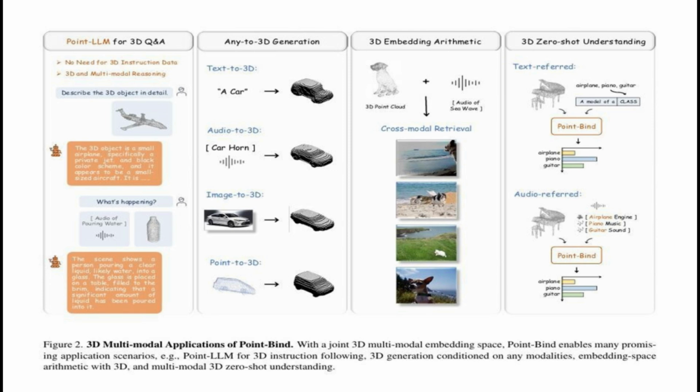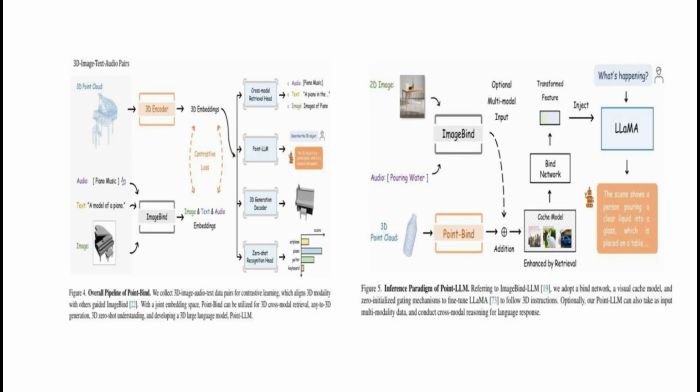Building on this, Point-LLM brings language-driven reasoning to 3D by fine-tuning large language models like Llama to understand and process 3D environments. A key innovation is that Point-LLM enables interactive 3D scene reasoning, allowing users to ask questions about 3D spaces and receive context-aware answers.